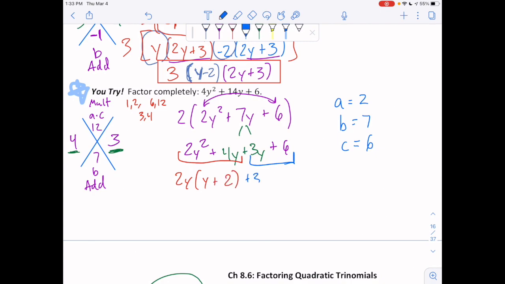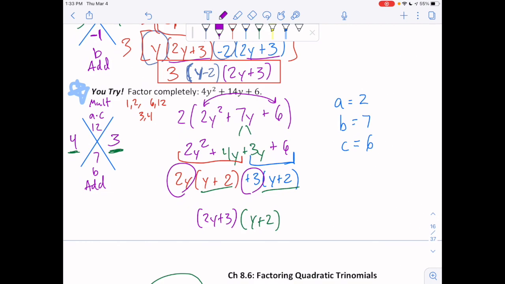In blue, common factor is 3, y plus 2. You already know. Same thing. We're doing it right. 2y plus 3. Boom. Bring down that 2. Don't forget this 2. You literally bring it down. That's your final answer.